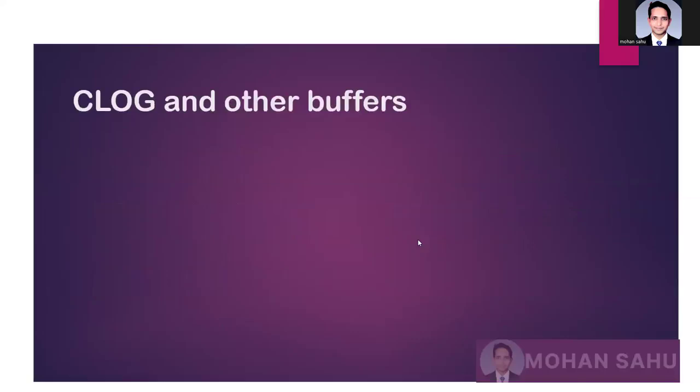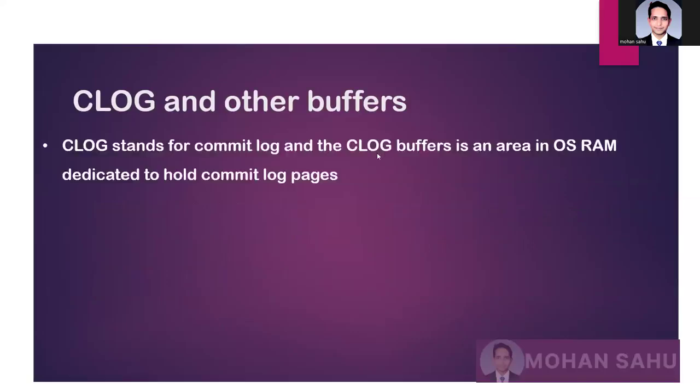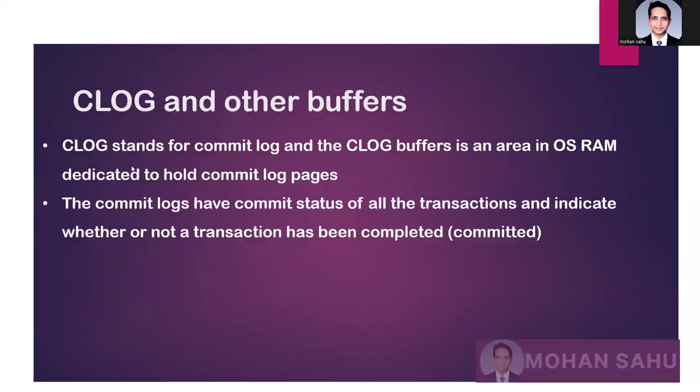After that, we have CLog and other buffers. So what is CLog? CLog means commit log, and CLog buffers is an area in OS RAM dedicated to hold the commit log pages. Or we can say, whatever transactions are happening, and whatever the status of that transaction, whether it is a completed or committed transaction, or if it is in progress, all the information will be written in the CLog buffer.